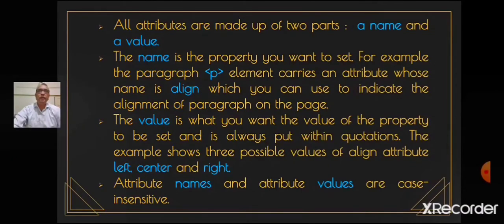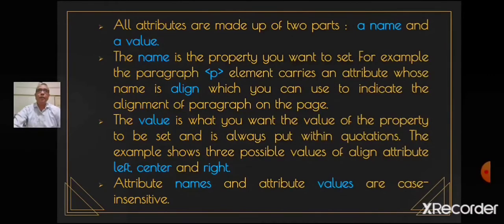Now let us see the second part of the attribute. The second part of the attribute is the value. The value is what you want the property to be set to, and is always put within quotations.